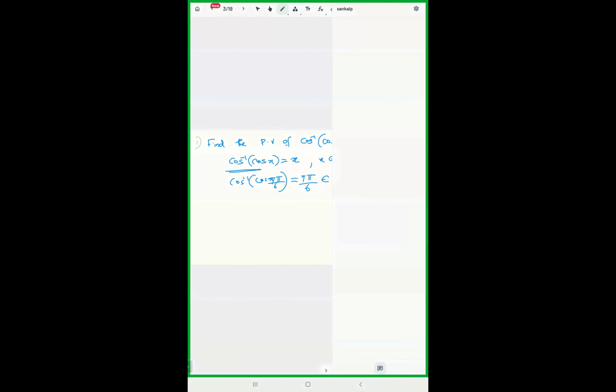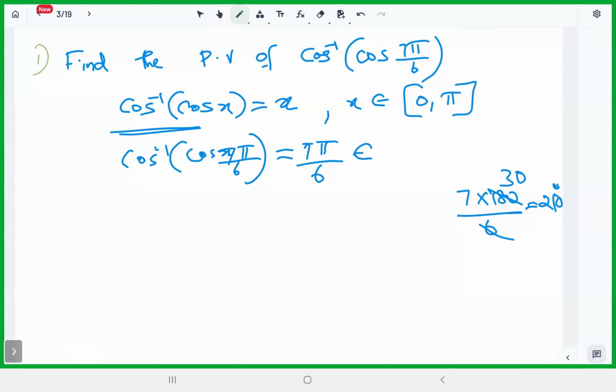So we can say that 210 doesn't belong to that particular interval. Okay, 210 doesn't belong to closed interval 0 to pi, right?